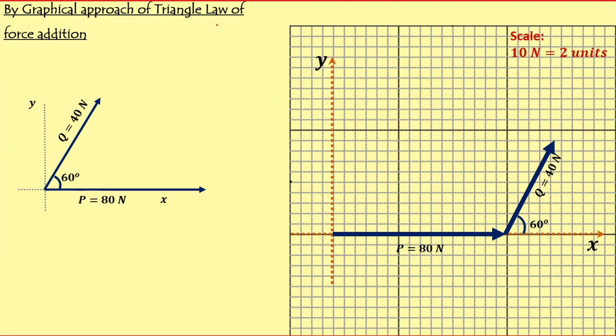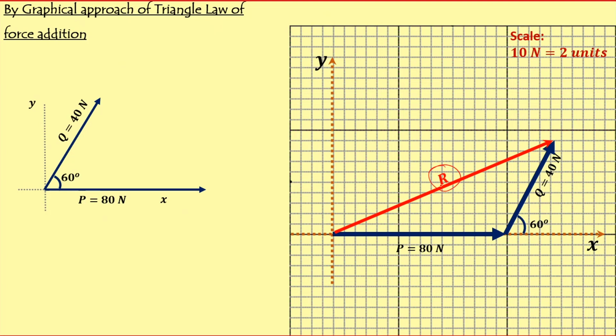As per the statement of the triangle law, if we draw two vectors as the two sides of a triangle, then the closing side becomes its resultant, and the direction of the arrow is always from the tail of the first vector to the head or the tip of the last vector.